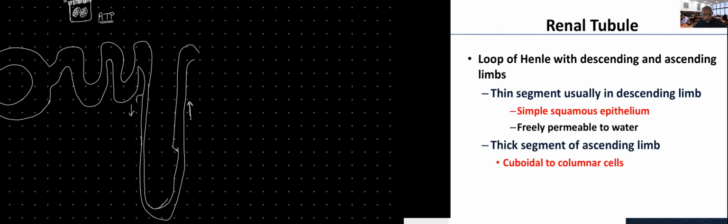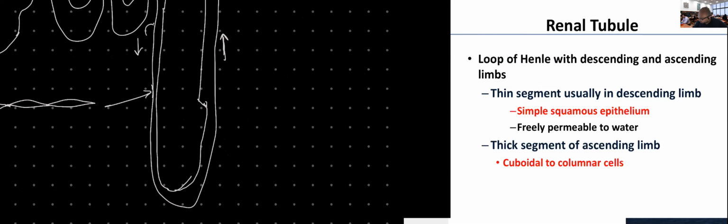And the thin segment of the loop of Henle consists of just one row of flat cells. Why do I have one row of flat cells lining this thin segment of the loop of Henle? Simply to allow minimal resistance against the reabsorption of the water back to my vasa recta.